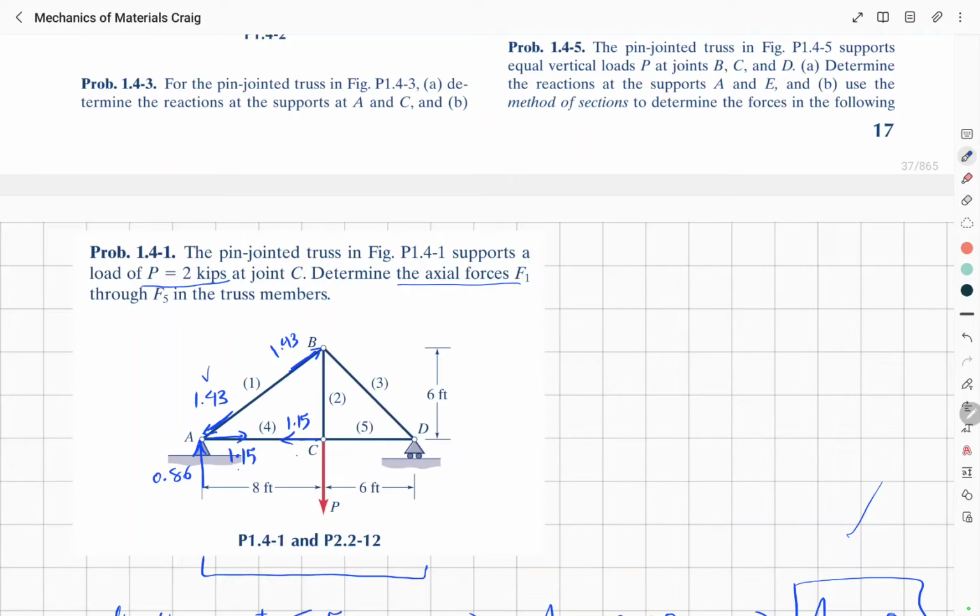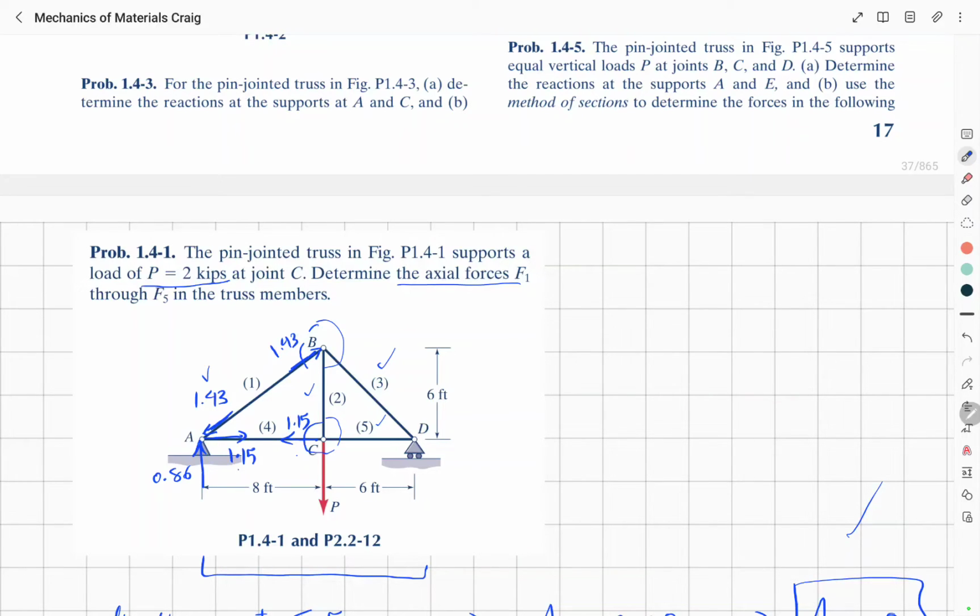Now we can write the equations of equilibrium for this joint and this joint to calculate this force and this force.